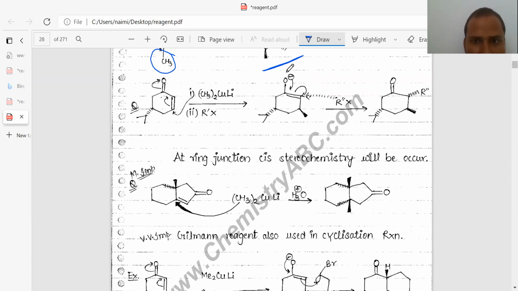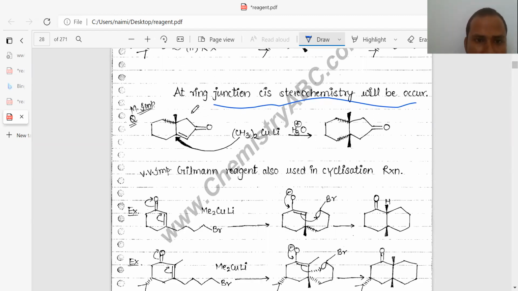Again this will go backward, this will shift here, and this charge density will be present on this carbon. So this nucleophilic center will attack on this one, means it is captured. And when captured, the remaining new group will come on the dash side. So a ring junction cis stereochemistry will occur.